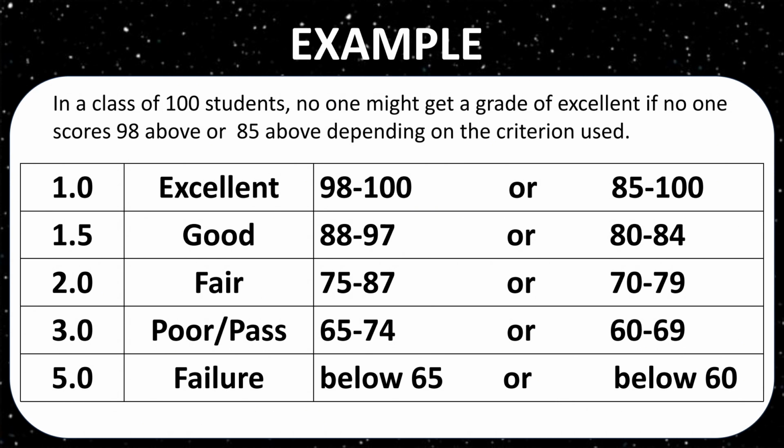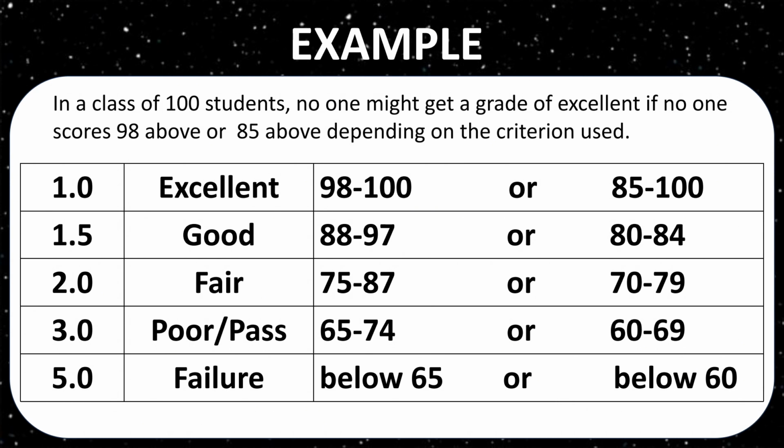We also have 1.5, which means good, equivalent to 88 to 97 or 80 to 84, followed by flat 2, which means fair, equivalent to 75 to 87 or 70 to 79, followed by flat 3, which means poor or pass, equivalent to 65 to 74 or 60 to 69. And lastly, we have 5, which means failure, equivalent to below 65 or below 60.